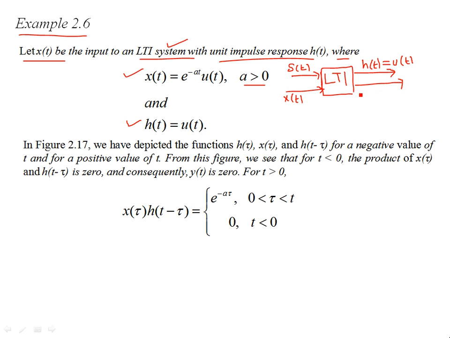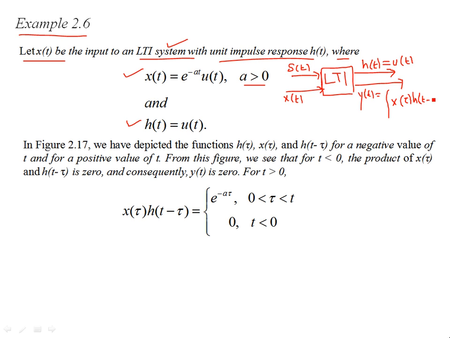So y(t) can be expressed for any given x(t), in terms of h(t), as the integration in general from minus infinity to plus infinity of x(tau) h(t minus tau) d tau.